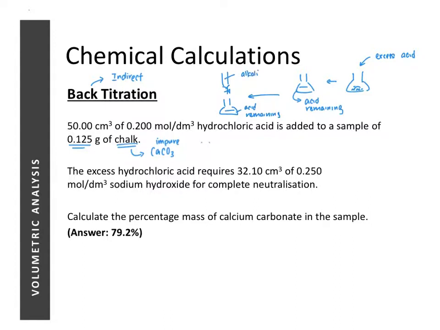From the volume of alkali needed to react with the acid, we know how much acid was remaining, and knowing how much acid we added in the first place, we would know how much acid had actually reacted with calcium carbonate, and that will allow us to find the amount of calcium carbonate. I know it sounds very complicated, but now imagine this particular real life scenario. It may sound a bit violent, but if it's what it takes for you to understand what a back titration is, so be it.